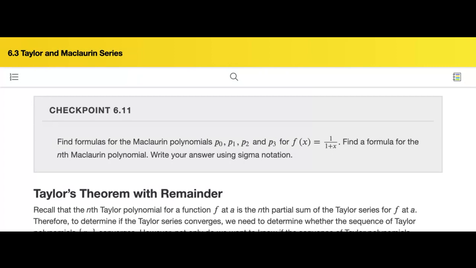So it is 1 minus x plus x squared minus x cubed.